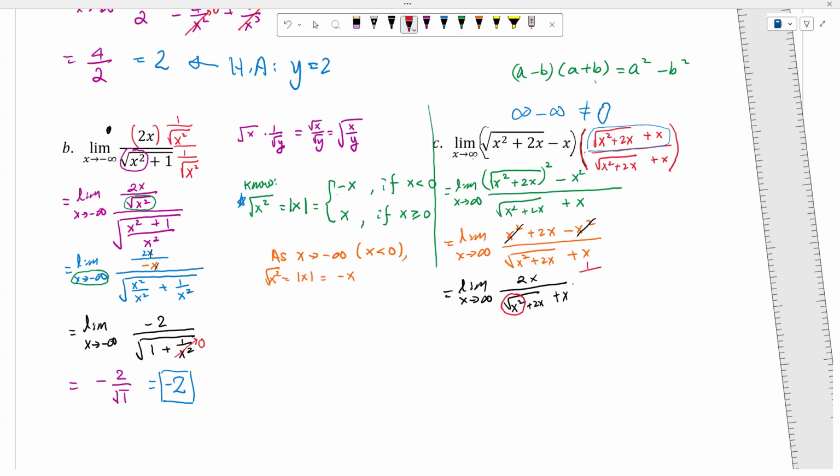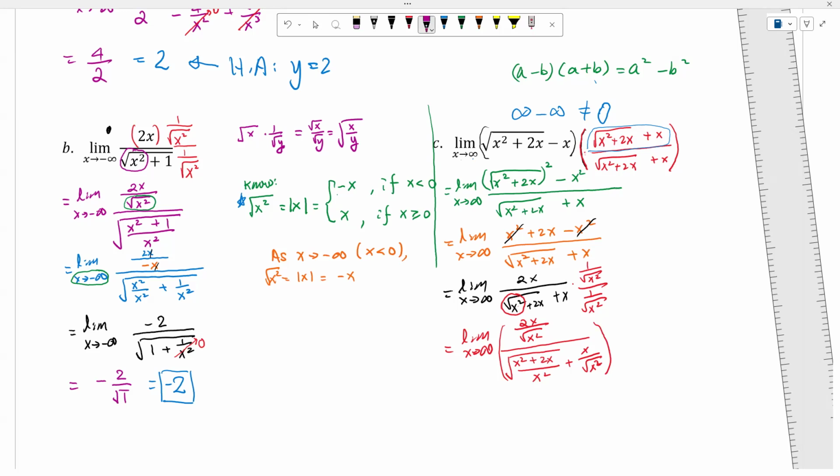So again, I multiply by 1 over the square root of x squared to the numerator and the denominator. After I multiply, I got this.